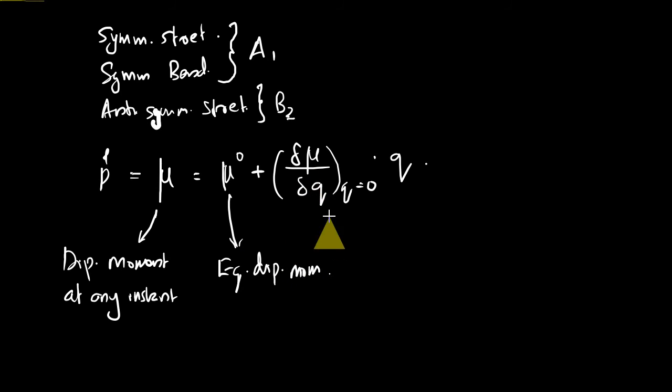And what is dou mu by dou q at q equal to 0? That is the rate of change of dipole moment with the displacement at the equilibrium position.